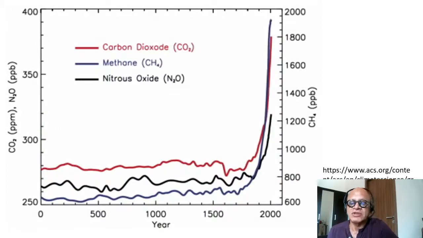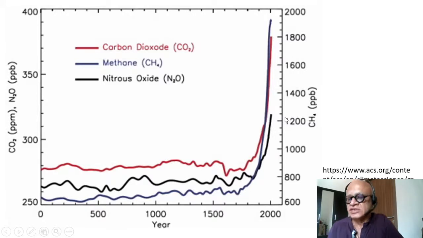Focusing much more recently, from zero common era to the 2000s, there is carbon dioxide in parts per million. N2O and methane are in parts per billion. They are much smaller amounts, but you can see that methane shows an increase here to almost 2000 ppb by volume, and nitrous oxide is also increasing from less than 800 to about 1200.